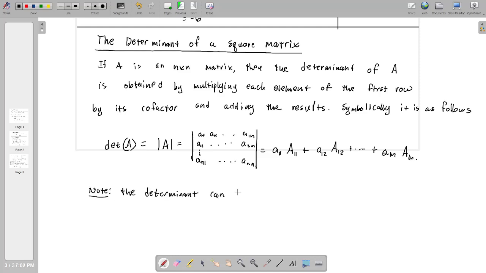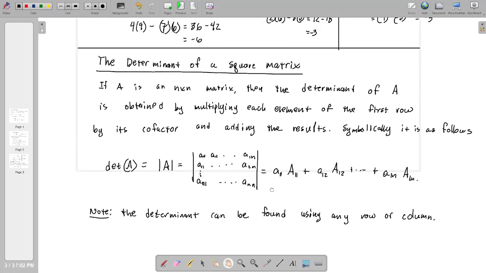The determinant can be found using any row or column. Again, what I mean is that we don't necessarily have to use the first row, as stated here in how we find the determinant of a square matrix. You can use any row or any column. It does not matter what you use, as long as you get the correct cofactors.